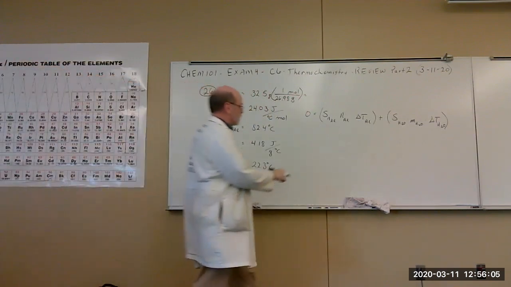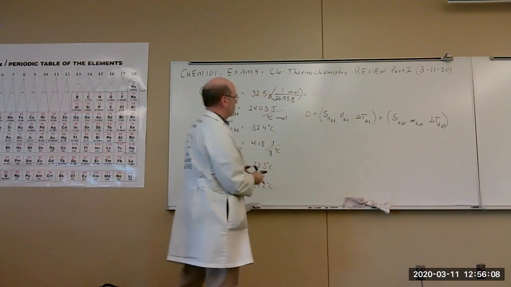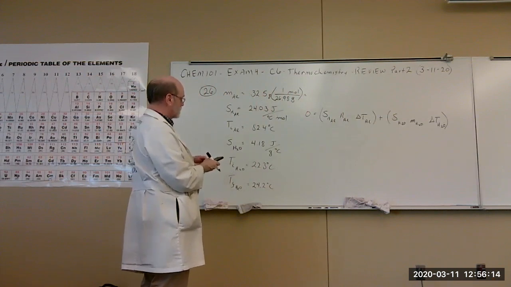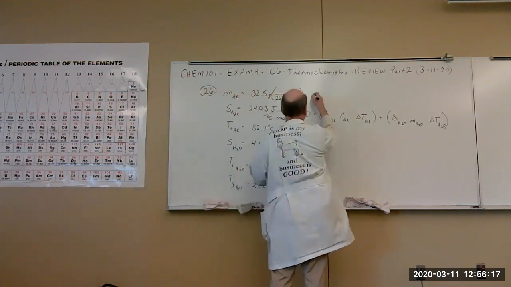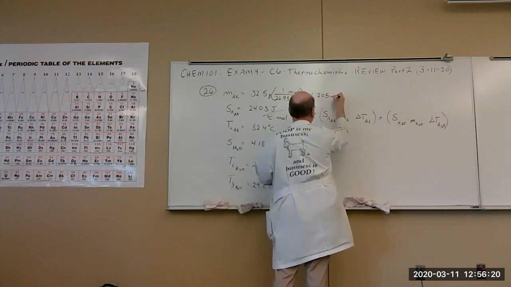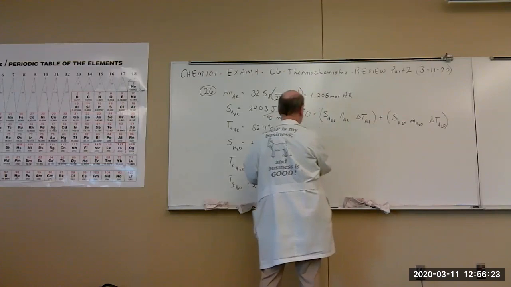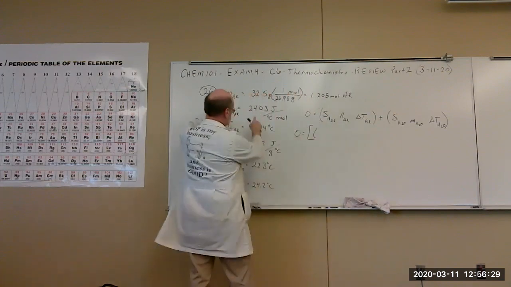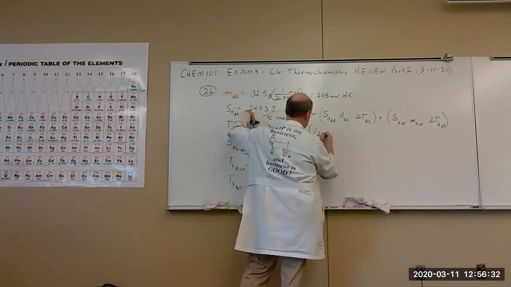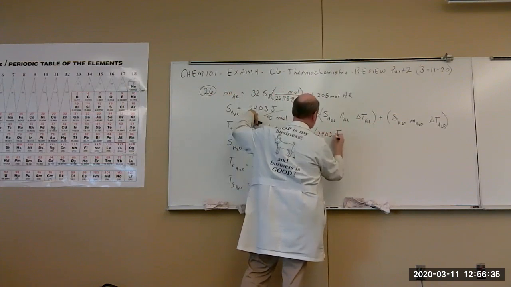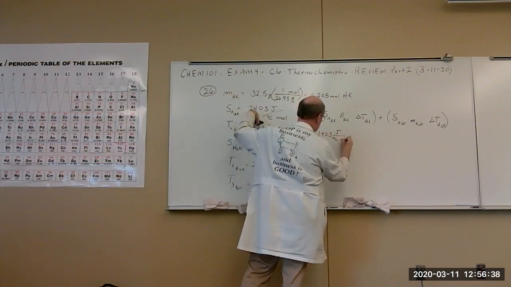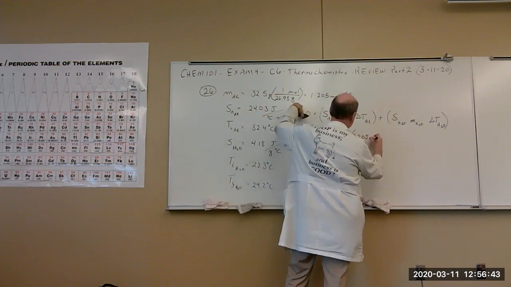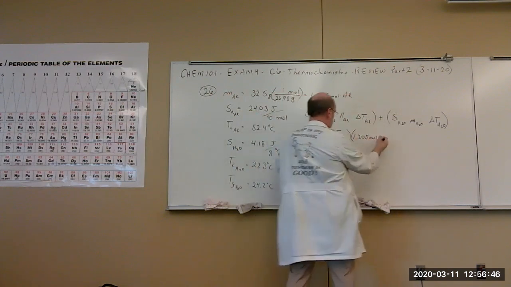That value will go like this: 32.5 divided by 26.98 gives 1.205 moles of aluminum. Okay? Here we go. This one is going to use that value for aluminum, joules per degree C mole, and then moles of aluminum, 1.205. So the moles cancel here, we're good there.